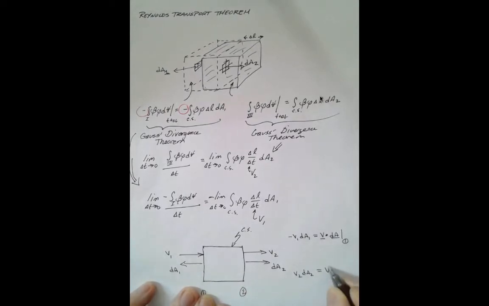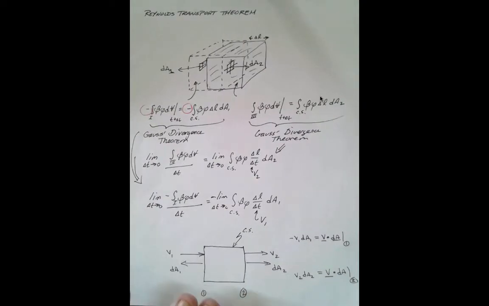It too happens to be equal to the vector V dot dA, but evaluated at location 2. You notice the inner product, the sign convention is a result of the dot product, and this representation is how we will put it into the final equation that we want to use.